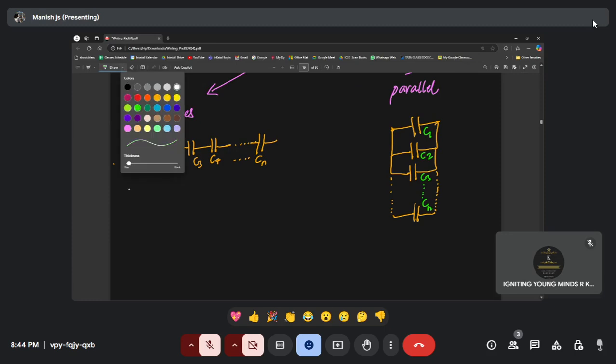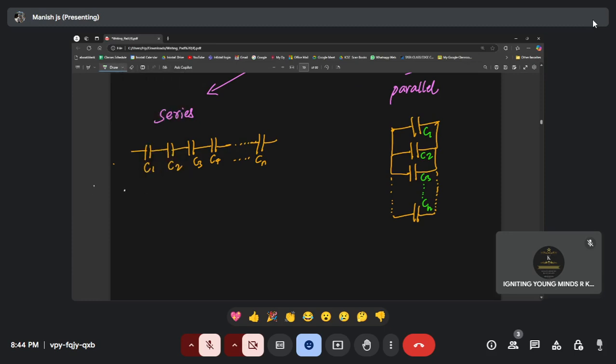Now there are certain important rules that you will have to follow to find out the total capacitance in both series as well as parallel, and I call them the golden rules. What are the rules for series and what are the rules for parallel? In simple terms, we will try to understand.